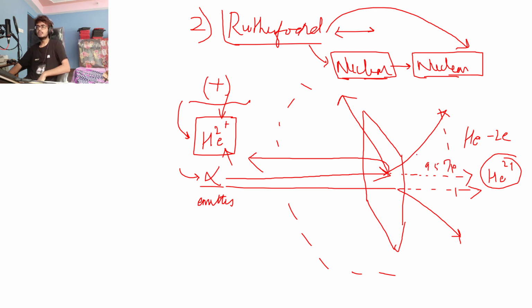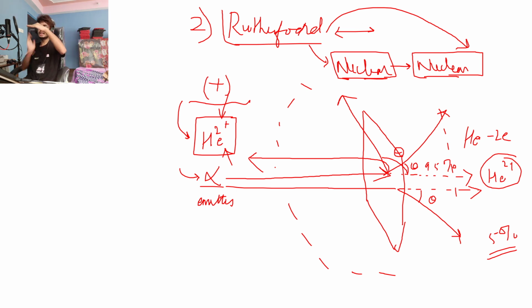Now a small portion is left, 5%. A small portion of this 5% was deflected at certain angles. This was the angle of deflection in which the alpha particle deflected. And an even smaller portion of what is remaining came back, completely deflected.